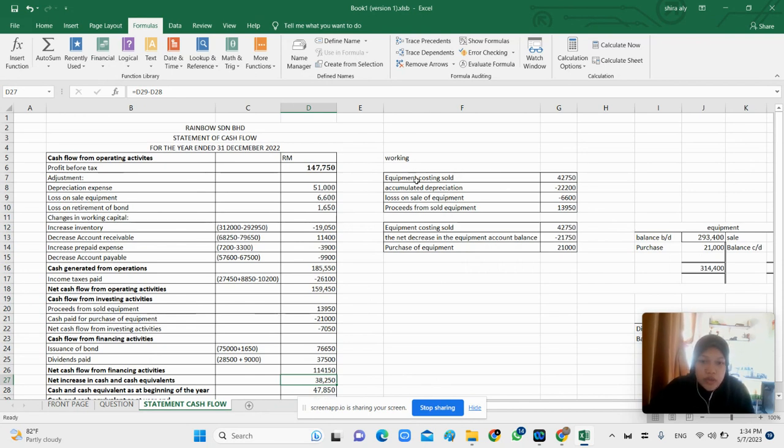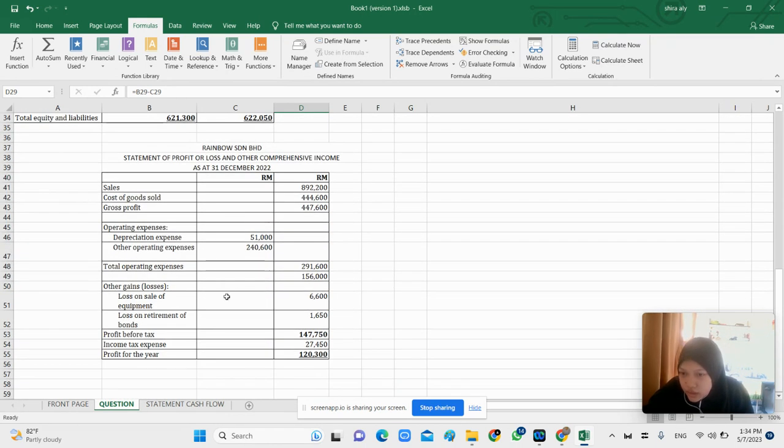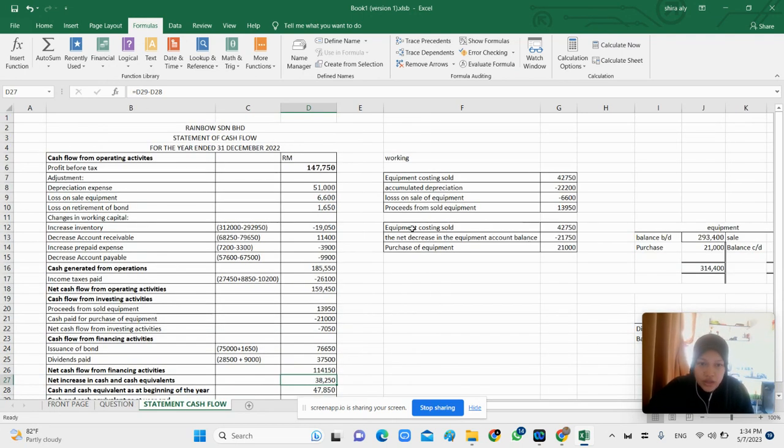So we put equipment costing sold minus the accumulated depreciation, minus the loss on sale of equipment, which we get in the statement of profit or loss and other comprehensive income, here, loss on sale of equipment. So when it is a loss, we have to minus, and then we will get proceeds from sold equipment.